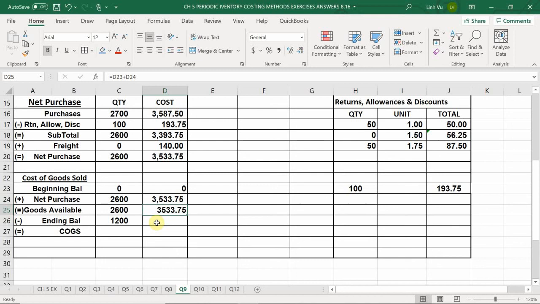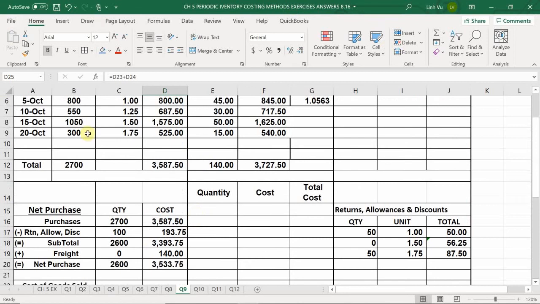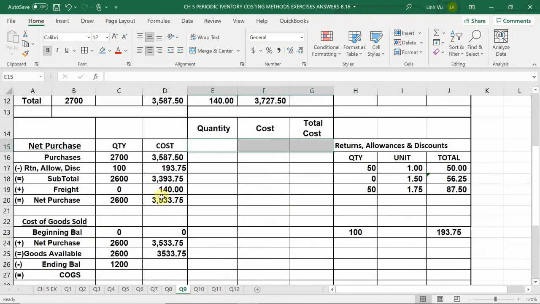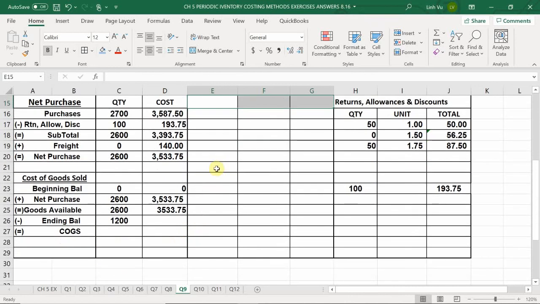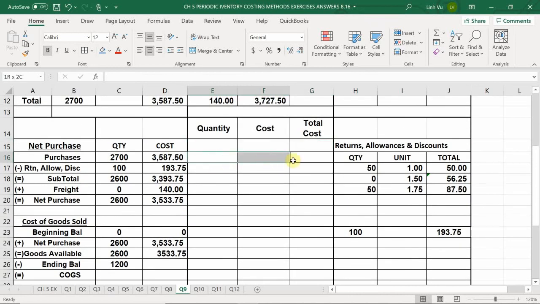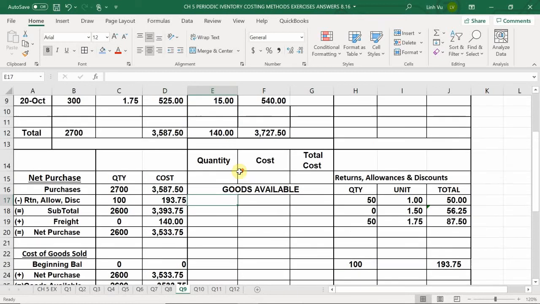Now this is where we're going to calculate our average cost per item, because in this case, even if we kept track of which items came from which batch, it doesn't matter, because at the end of the day, they're all going to be added up together anyways.